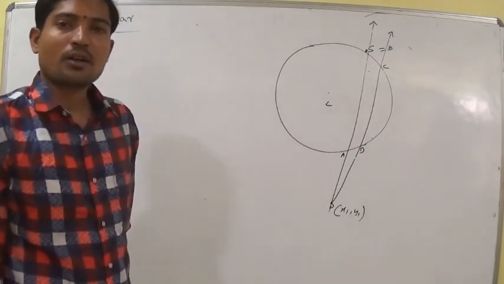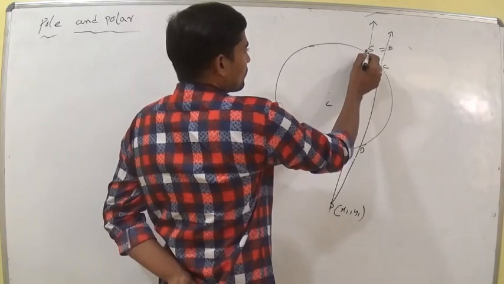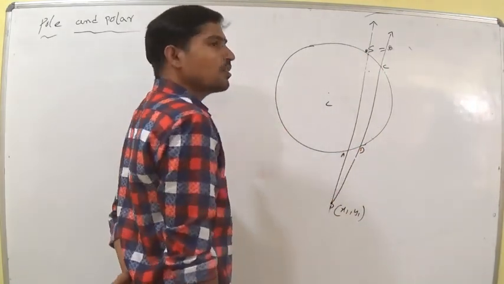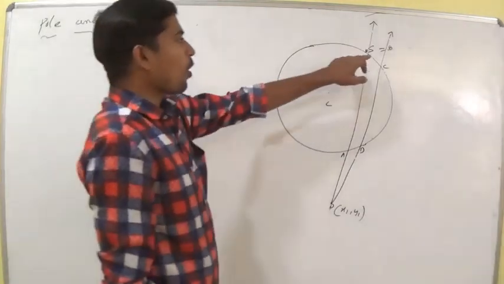Then draw tangents to the secants from the points of contact.